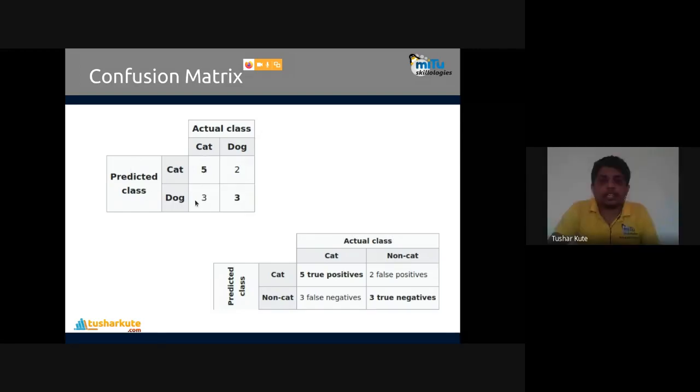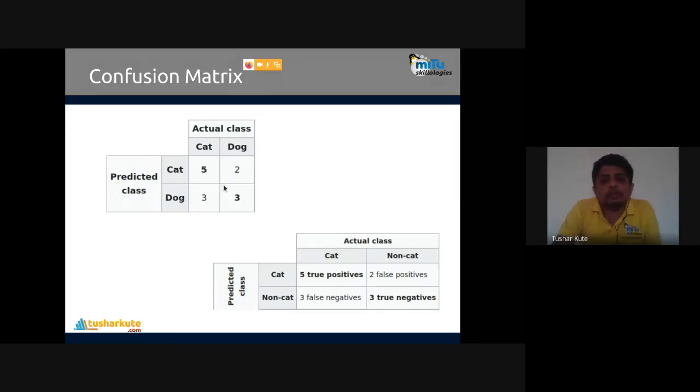This is the predicted class. It will be something like this. And for dogs also, 2 dogs out of 13 are predicted as cat, and 3 dogs are predicted as dogs.